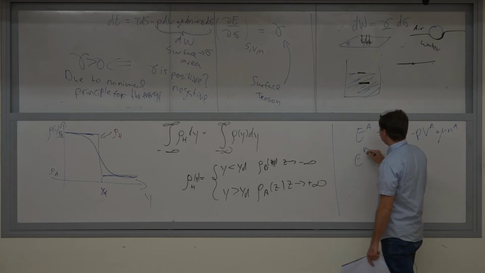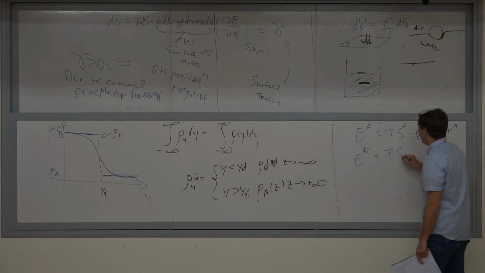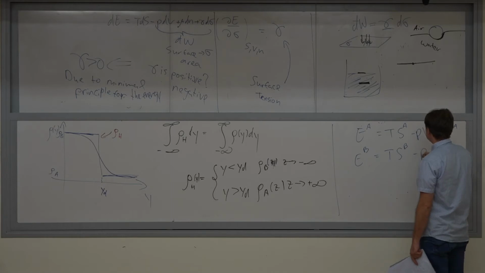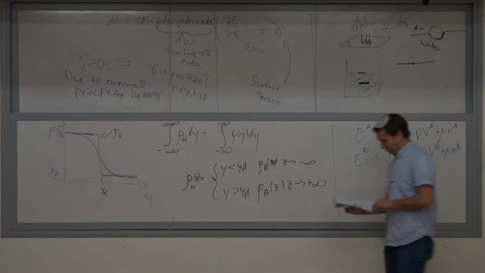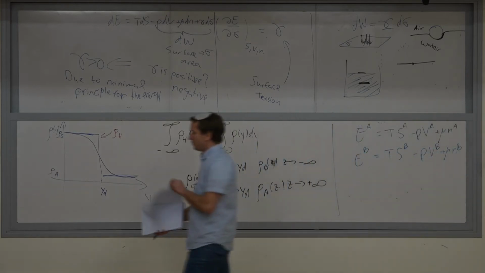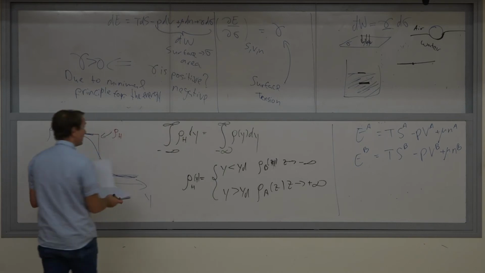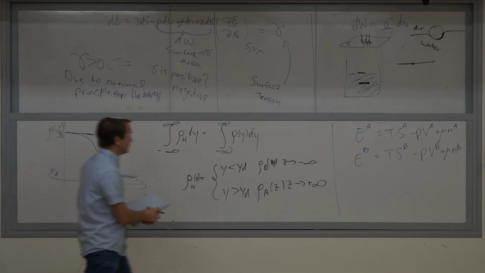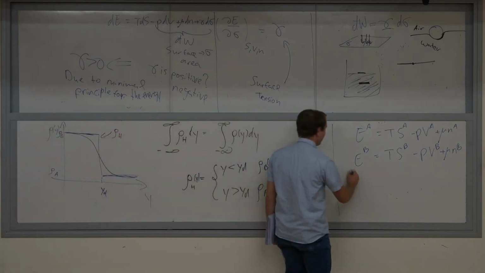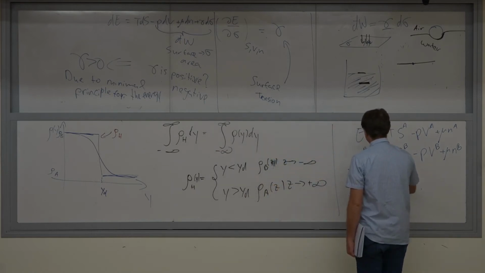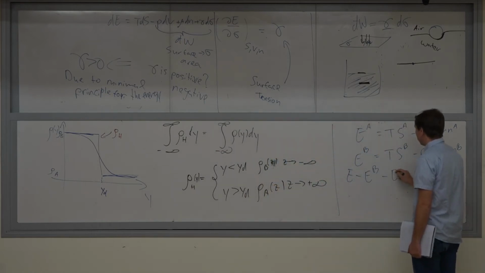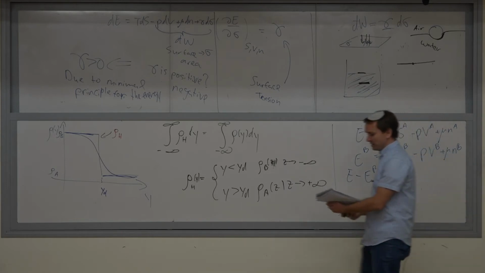E of B is TS_B minus PV_B plus mu N_B. What we can do now is take E, subtract EB, and subtract EA.